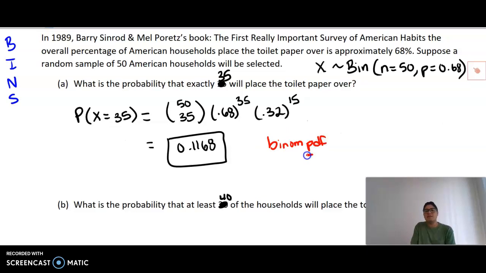And notice that it's PDF because I want a precise value. So here I'm going to have n equal 50, p equal to 0.68, and x equal to 35. And if I type this into my calculator, I'm going to get the same answer here.